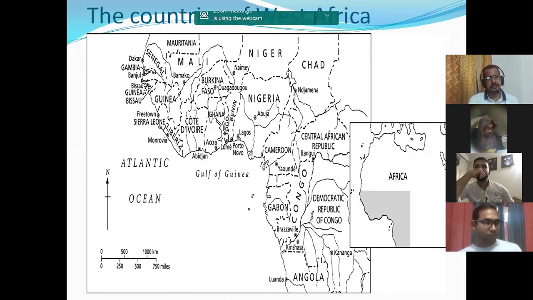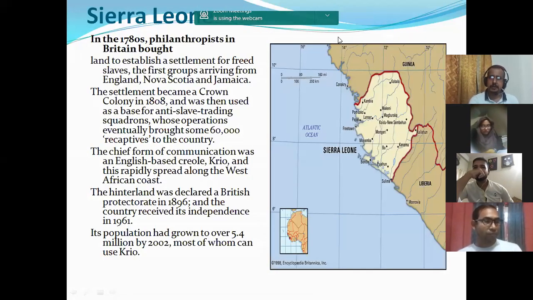And you see, these are the African countries. Many countries are there: Nigeria, Niger, Chad, Central African Republic. So many countries are there.